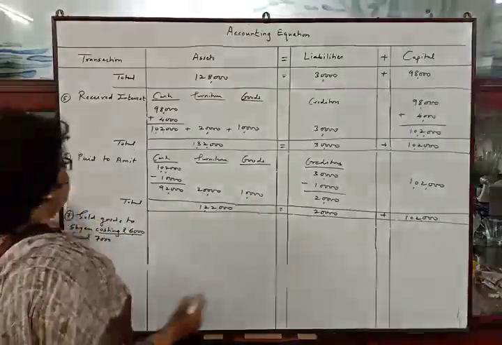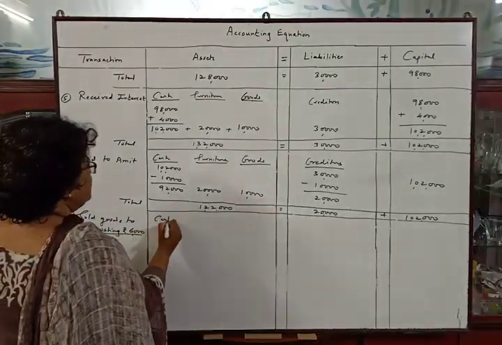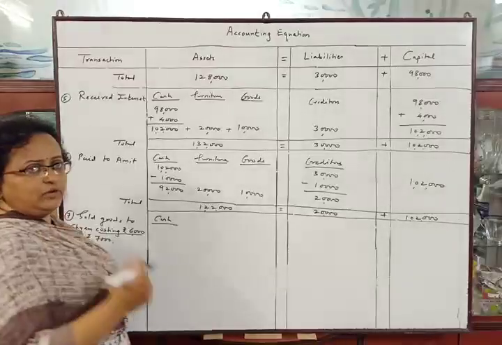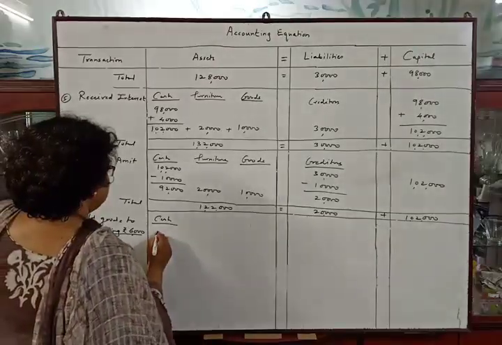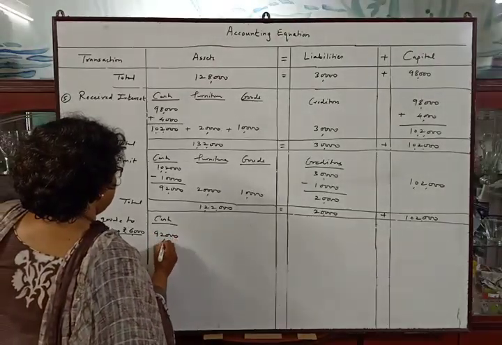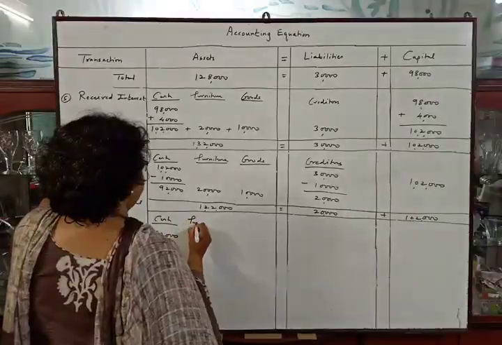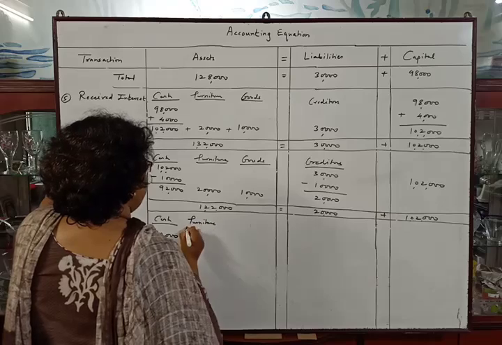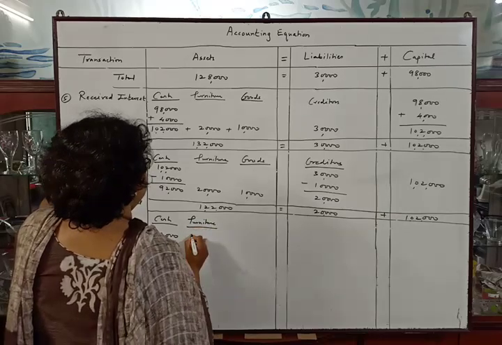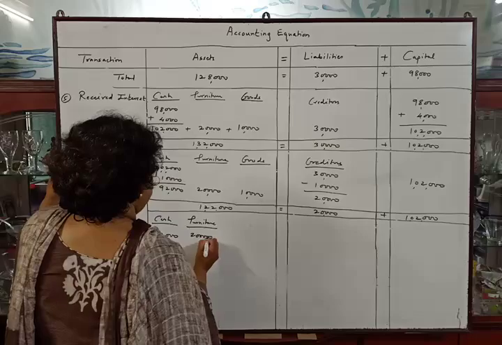Okay, so cash. As this is a credit transaction, there will not be any change in cash. So cash will remain as it is, that is 92,000. Then furniture, there will not be any change in furniture. 20,000, furniture will remain as it is.